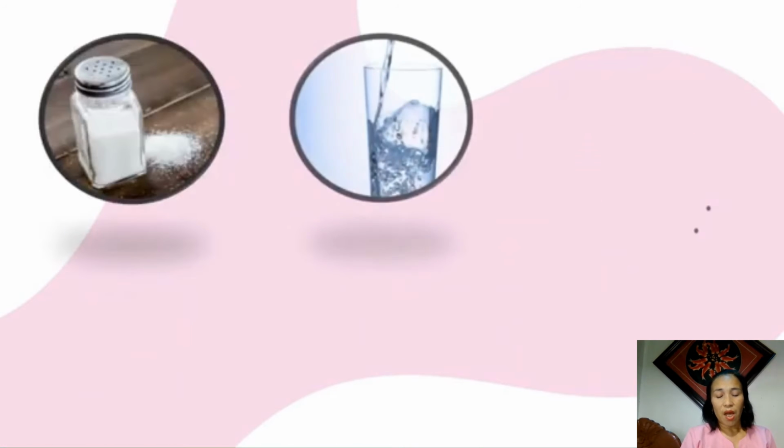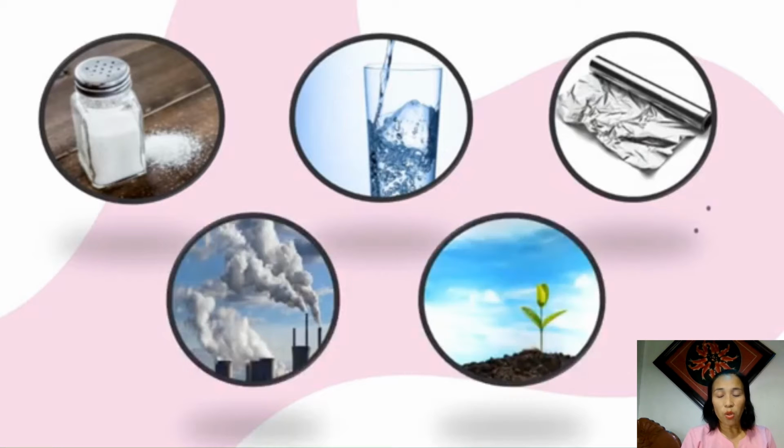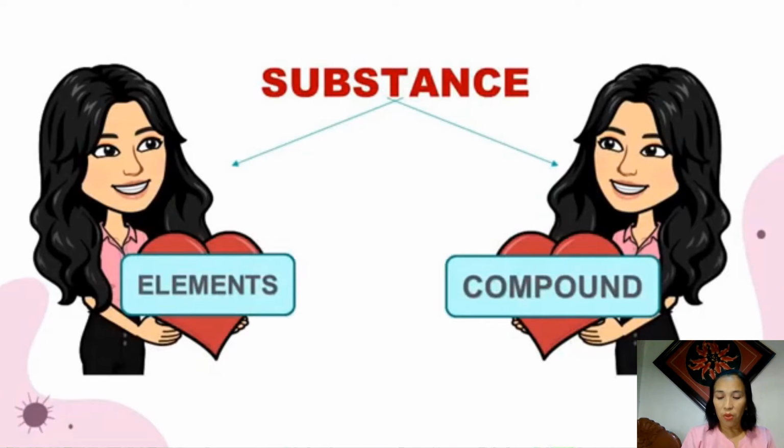This means that the substance is the same no matter where it is found. Salt, water, aluminum foil, carbon dioxide, and oxygen are all substances because their composition is the same no matter where you find them. Substances can be referred to as either an element or a compound.